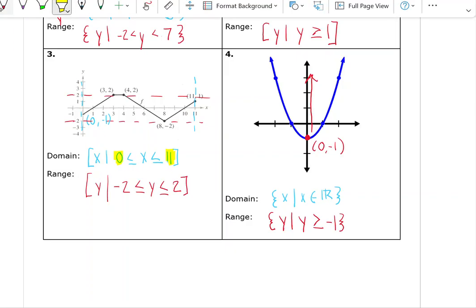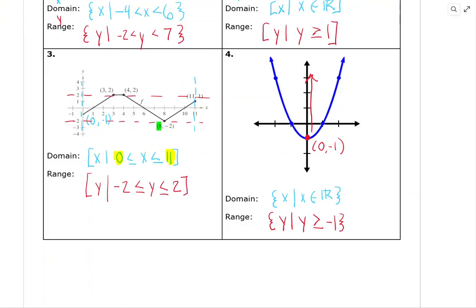If we're looking at our y's, our ranges, we can see that our smallest ordered pair is down here at -2 on our y-axis, and our highest two are up here at 2. So y such that -2 is less than or equal to y, or we could say this as y such that y is greater than or equal to -2, but less than or equal to 2. So those are our highest and our lowest values.